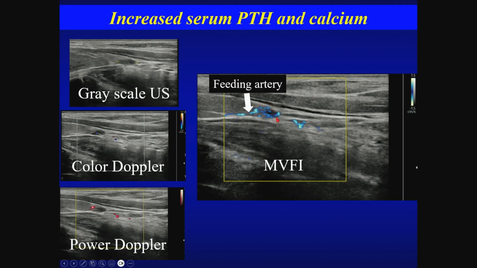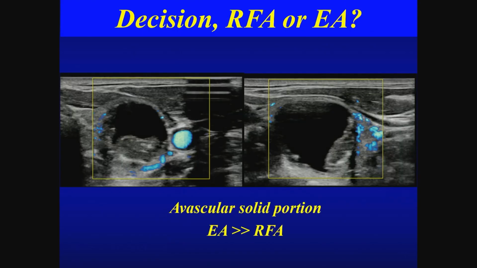It shows intense intraregional vascularity and the feeding artery here. So biopsy confirmed this is a parathyroid lesion, and we successfully treated the parathyroid adenoma by radiofrequency ablation.